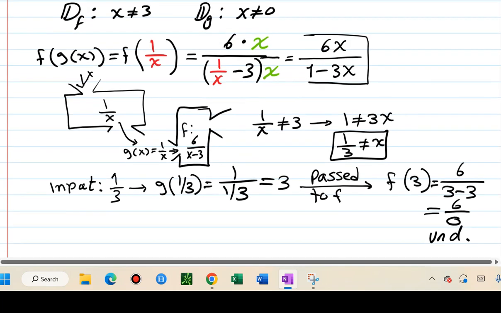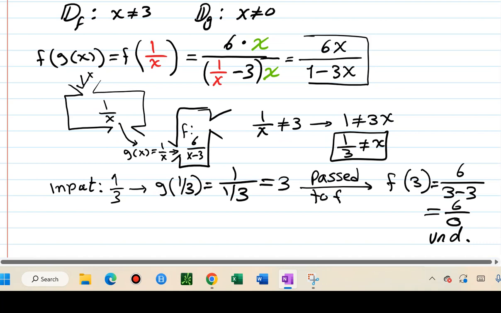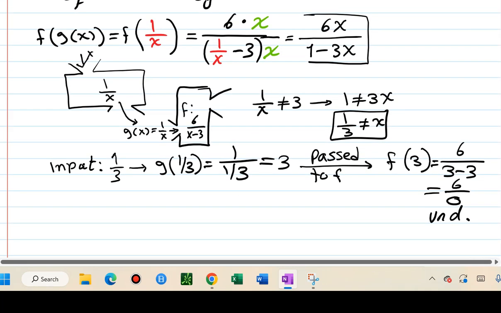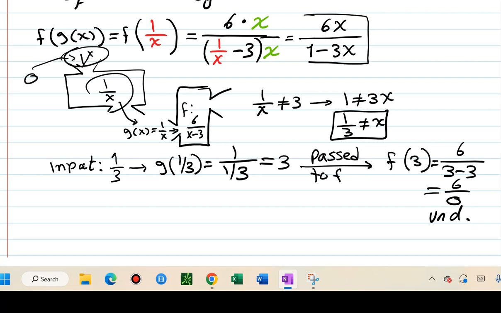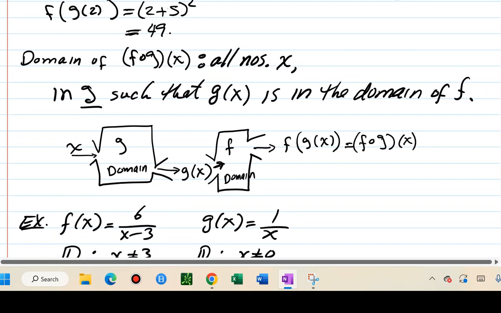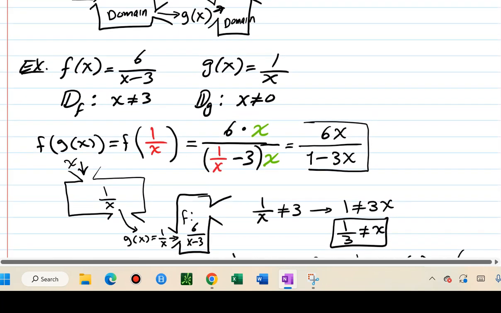Okay. Now, here's something that's interesting. To begin with, for this composition, what if I put in a 0? Well, 1 over 0 is undefined. There will never ever be an output from g for f to process. Although f is perfectly capable of processing zeros. Look at f. Can it process a 0?